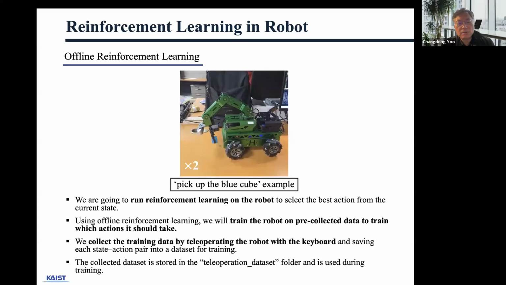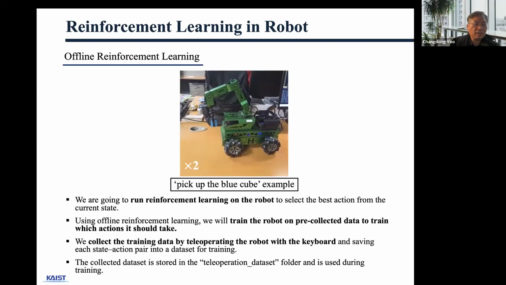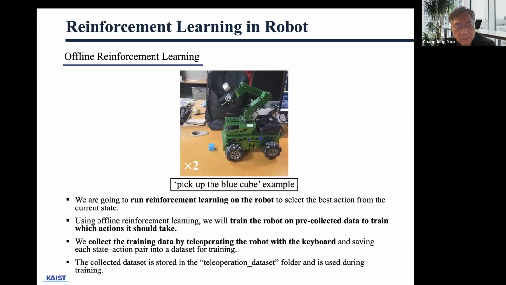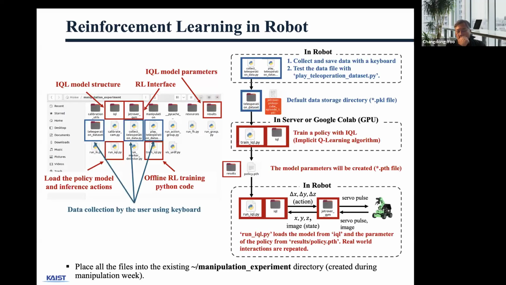We collect the training data by teleoperating the robot with a keyboard and saving each state-action pair into the data set. The collected data is stored in the teleoperation data set folder and is used during training. Here are all the folders and files present within the robot.